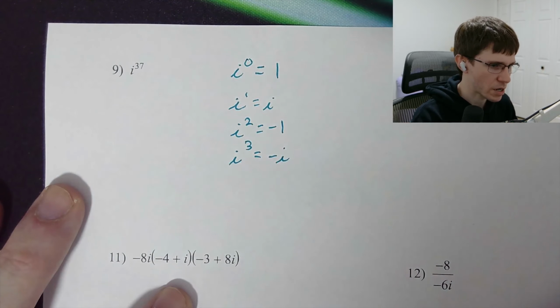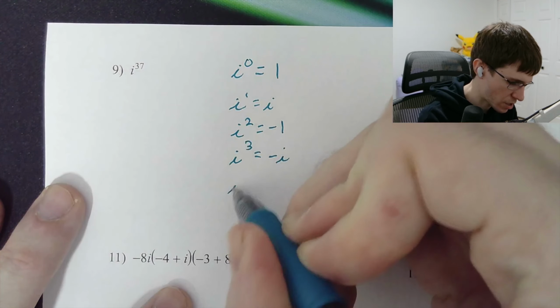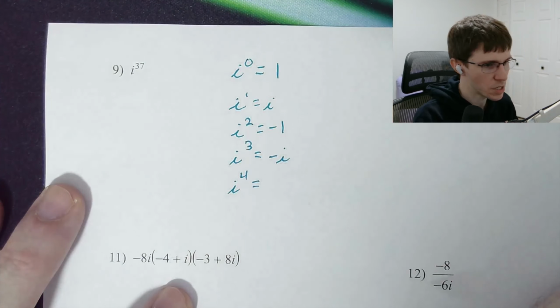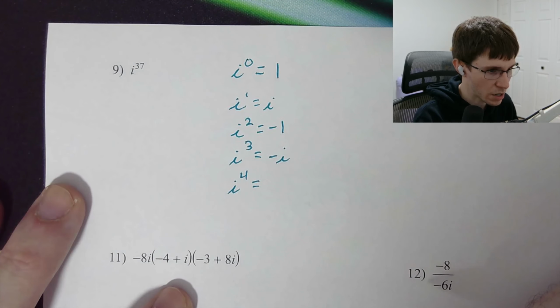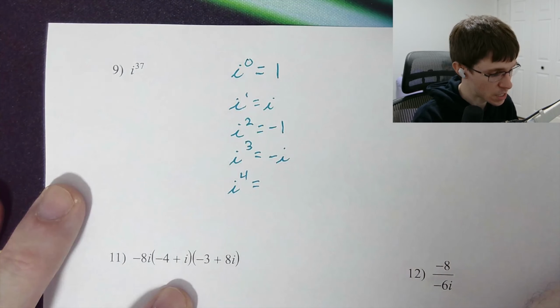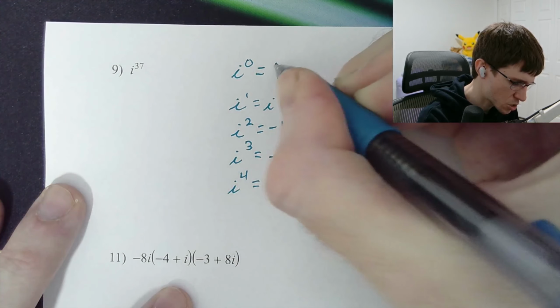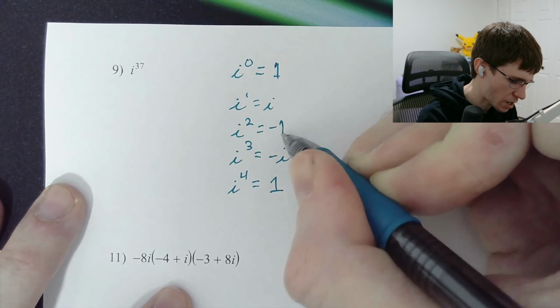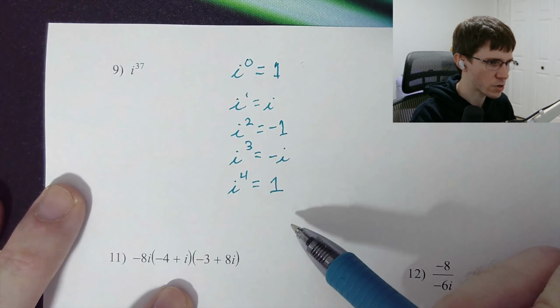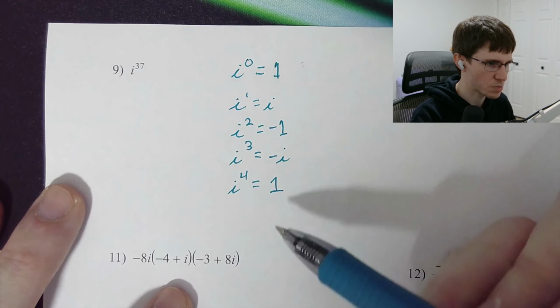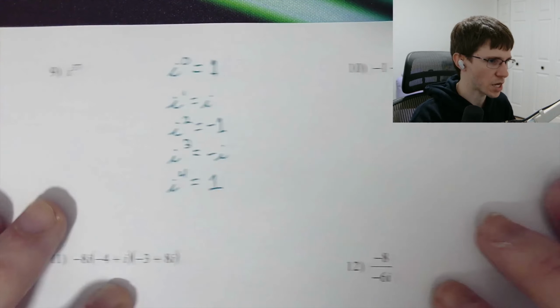If I multiplied by i one more time, I'd have i to the 4th, which would be negative i times i, negative i squared, negative 1 of negative 1, which is positive 1. So what happens is after 4 iterations, this process repeats itself. I like to draw this as a circle.